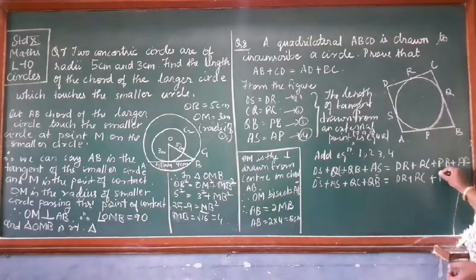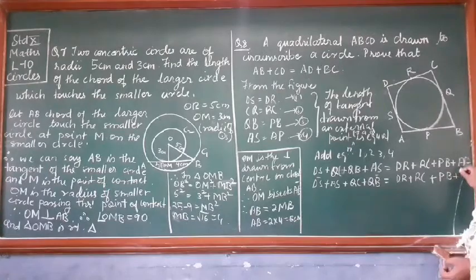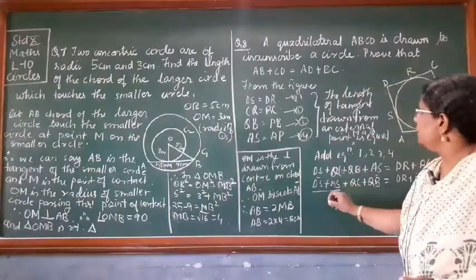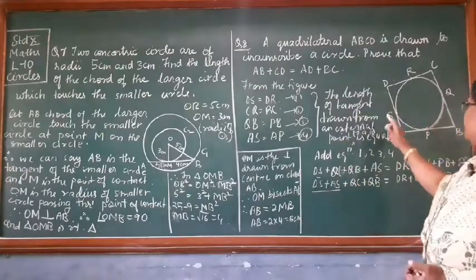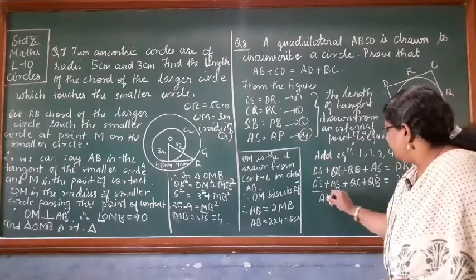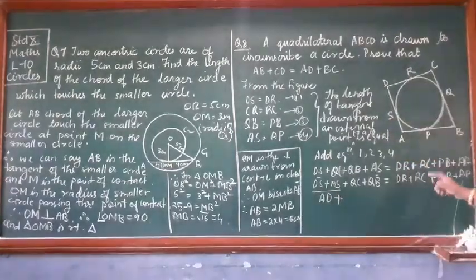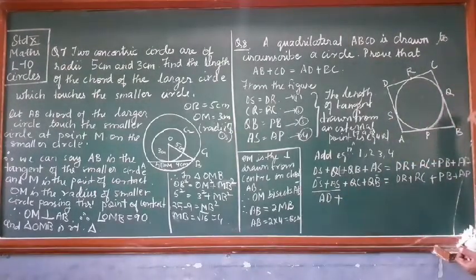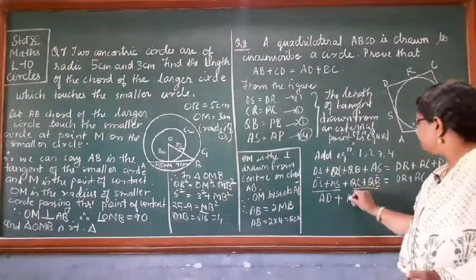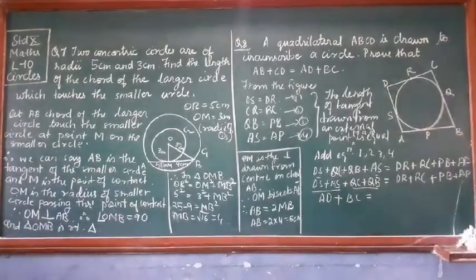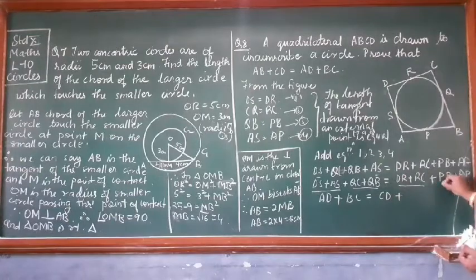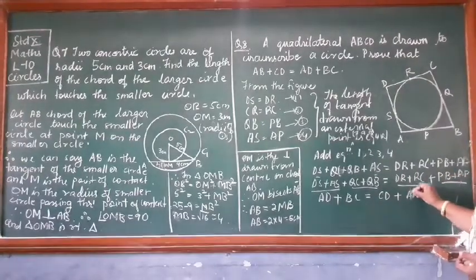So DS plus AS will become what? AD. Okay, plus QC plus QB will become what? It will become your BC. ठीक है, equal to DR plus RC will become your CD. ये दोनों को मिलाएंगे तो AD.